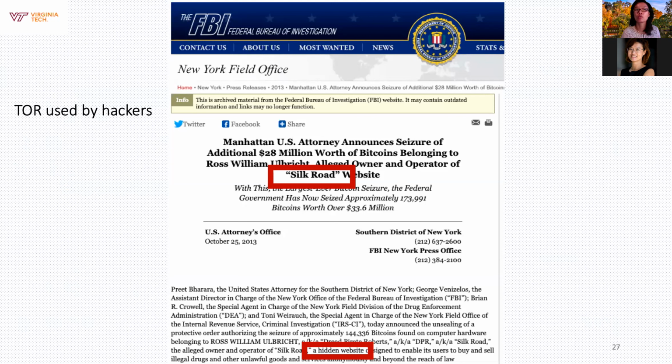Whistleblowers, for example, are afraid of being retaliated against, so it's very important to have this kind of service, so that nobody knows who submitted the documents, and also the server cannot be taken down. Silk Road used TOR hidden service, according to the FBI and DOJ documents, this FBI indictment.